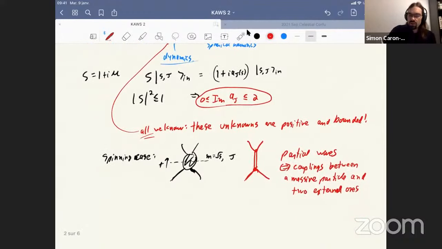And this can be enumerated using Lorentz symmetry and group theory.